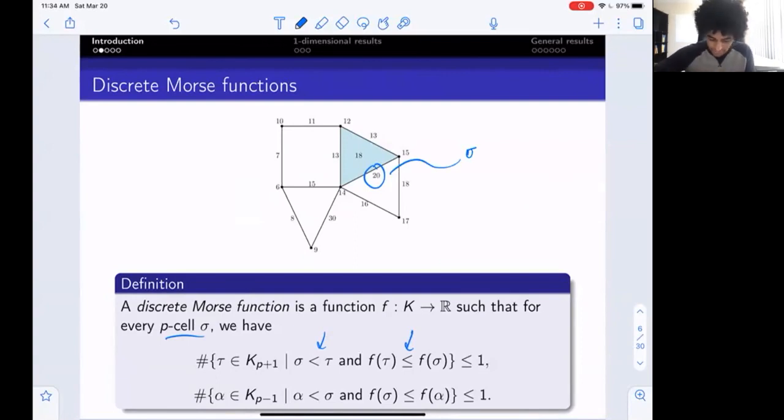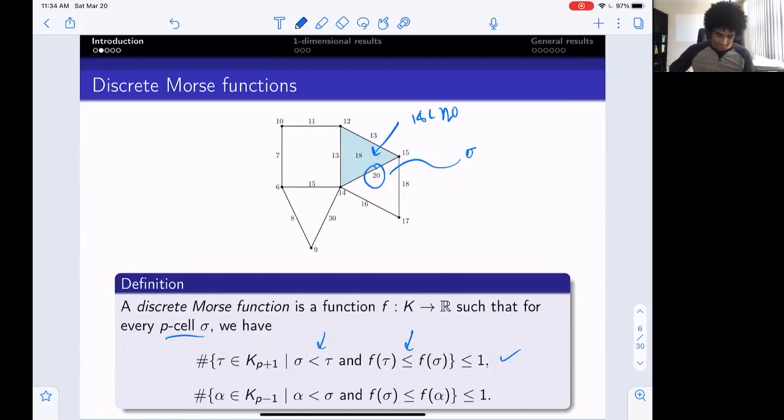So if this is our sigma up here, its only higher dimensional neighbor is this one right here. And it has the value 18, and 18 is less than 20. And so this first set actually has cardinality 0. So we're completely fine. Wait, actually? Okay, actually it has cardinality 1, but we're still fine.